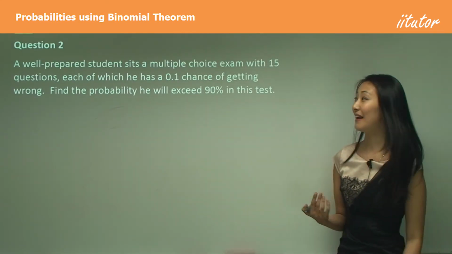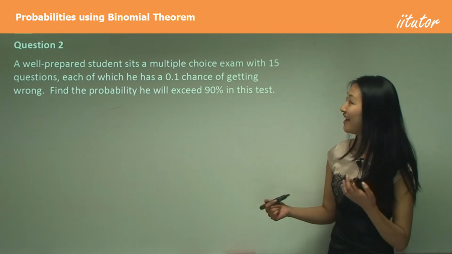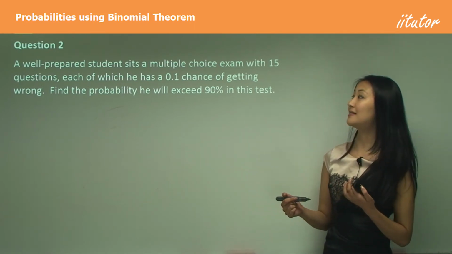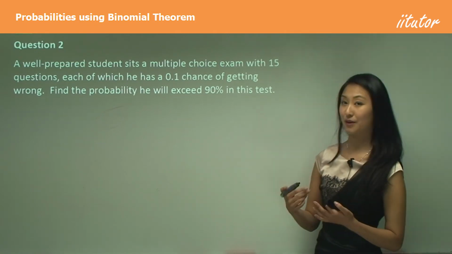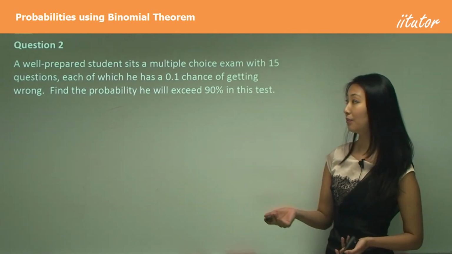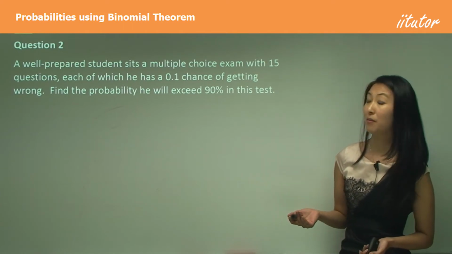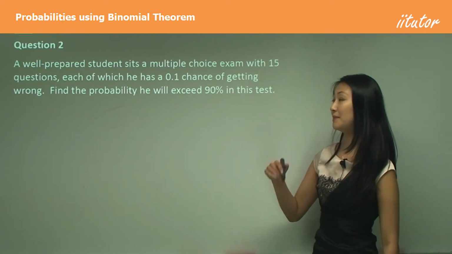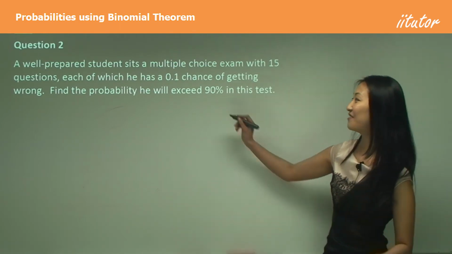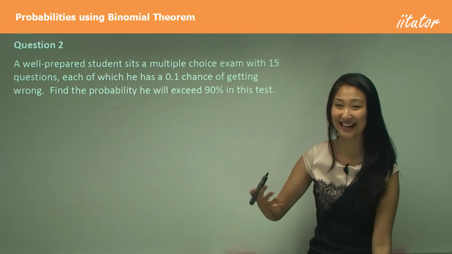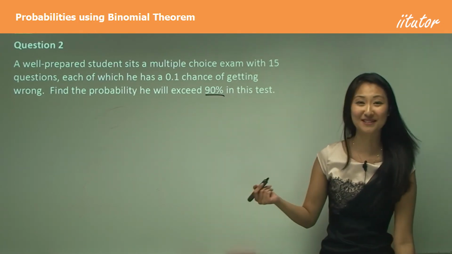Now, let's move on to question 2. So here we meet a very well-prepared student who's going to sit a multiple choice exam with 15 questions, each of which has 0.1 chance of getting wrong. Now, we want to find the probability that he will exceed 90% in this test. So first thing is we need to work out how many questions he actually needs to get right to exceed this 90%.